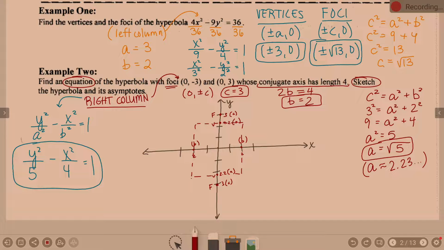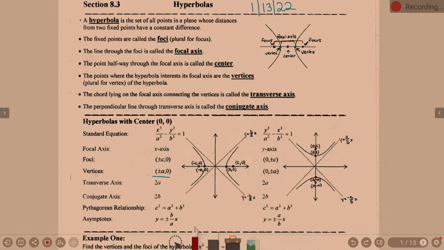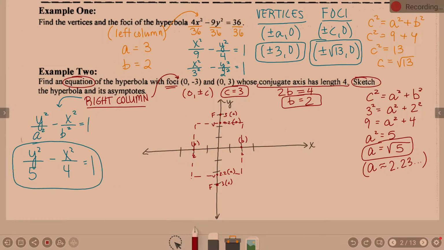My asymptotes, if you go back and look at asymptotes, it said my asymptotes are going to be plus or minus A over B x. So that's saying they're going to have a slope of A over B. Here's what I do: I draw my asymptotes through the corners of the box. So we have a positive asymptote and we have a negative asymptote.